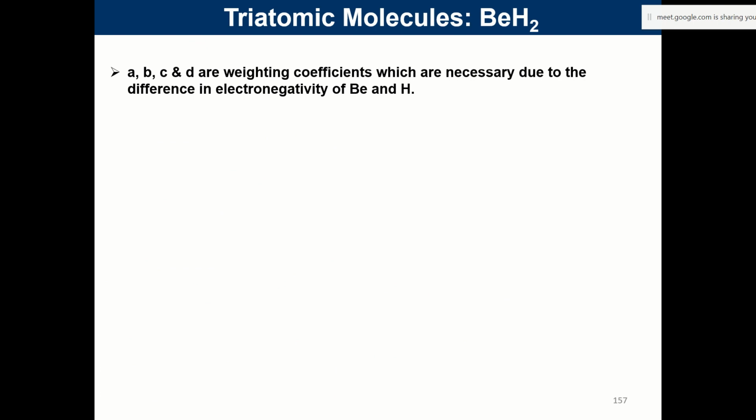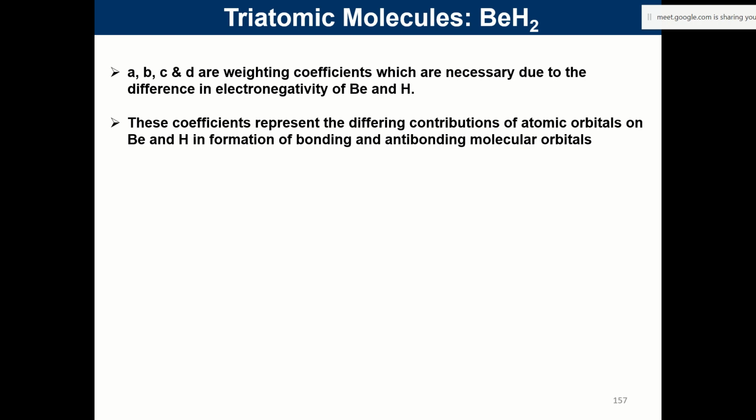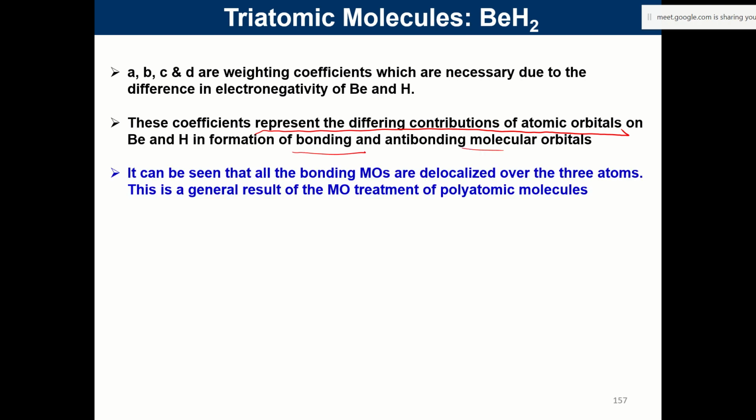So these were the reasons. So A, B, C, D are the coefficients that we have included. So they represent the differing contributions of atomic orbitals which go into the formation of bonding and anti-bonding orbitals.